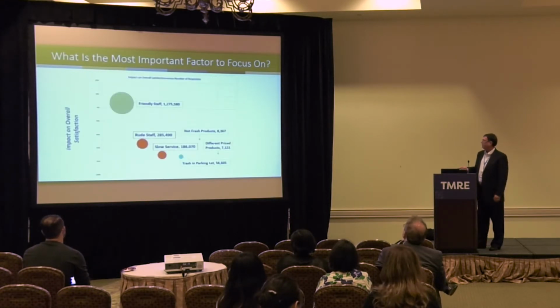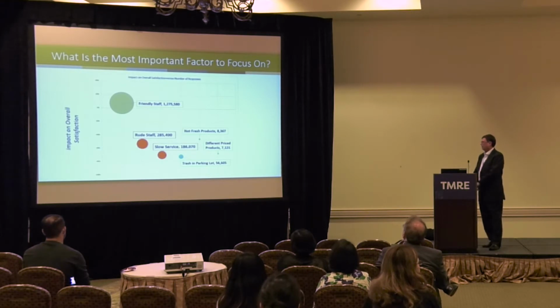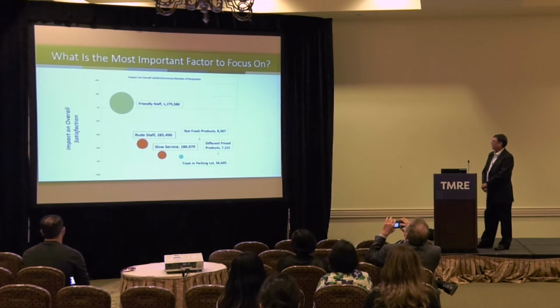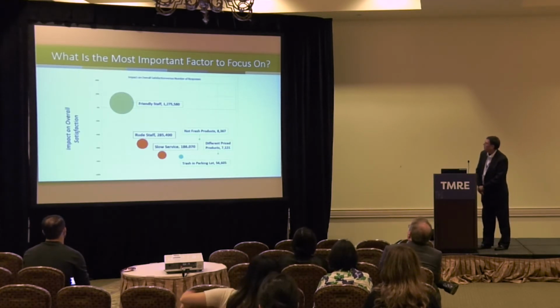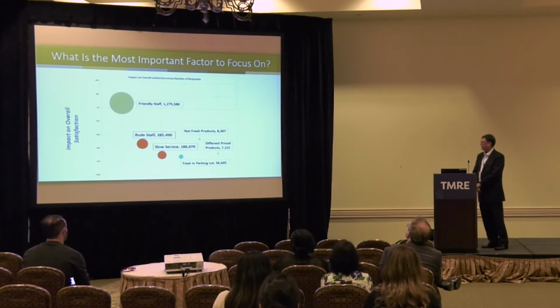Another way to look at that is this helps you understand what is really important to focus on. This chart represents the percent satisfaction on the y-axis, and the bubble size is driven by the number of comments.